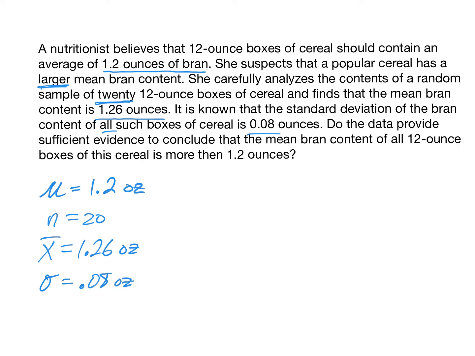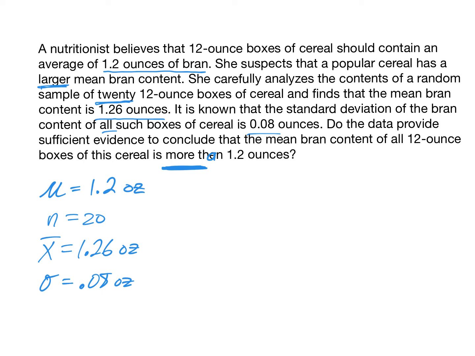And now our question. Do the data provide sufficient evidence to conclude that the mean bran content of all 12-ounce boxes of cereal is more than 1.2 ounces? Okay. So here we go. We have all of our pieces of information.